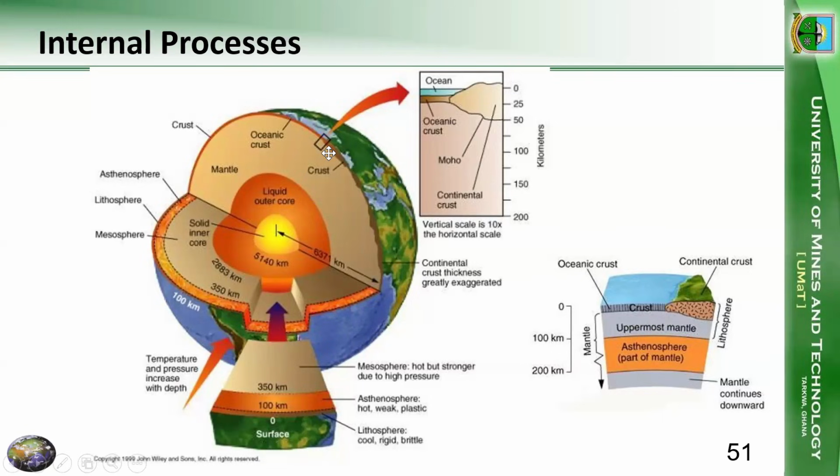The crust we also divided into the oceanic crust and the continental crust. The inner core is solid, but the outer core is liquid. Both the inner core and the outer core are made up of iron and nickel.